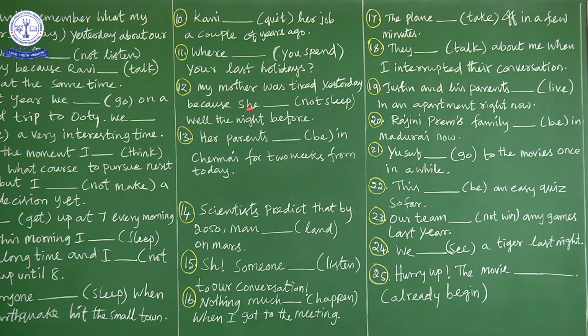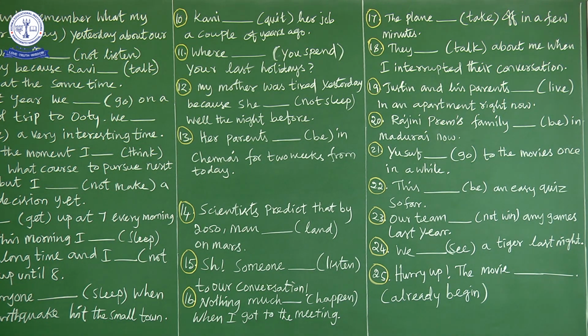Because she did not sleep well the night before. So here the keyword, the night before, is a keyword for simple past tense. Okay, it is clearly said. It is a past tense. So the answer will be, my mother was tired yesterday because she did not sleep well the night before.